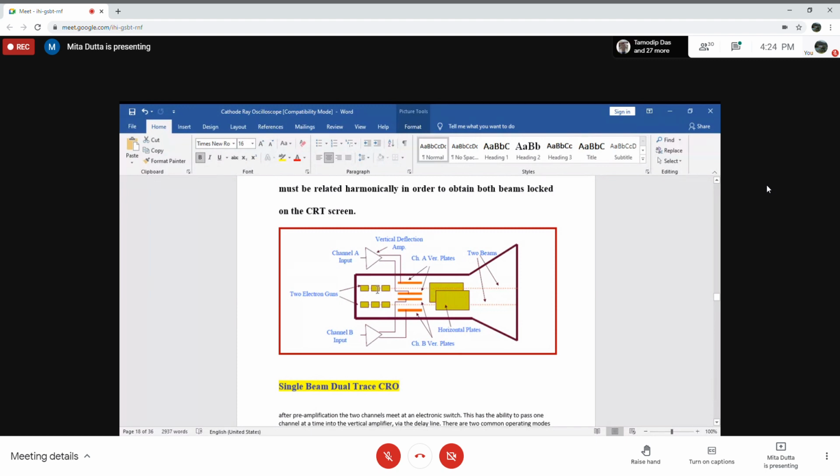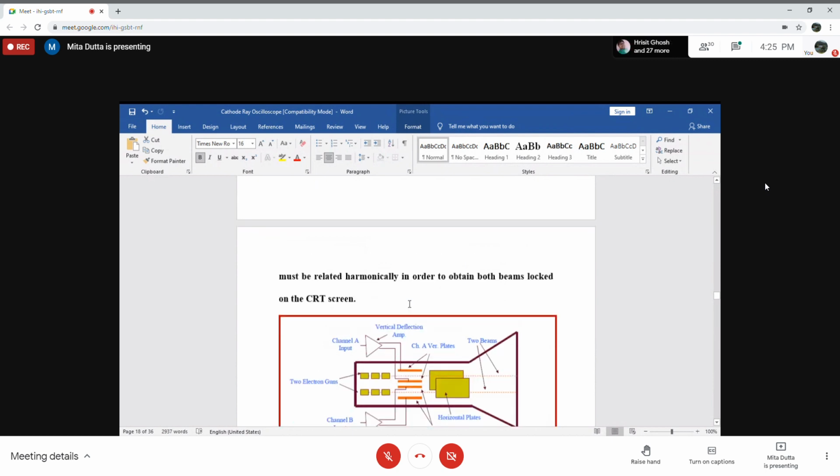Since here we have two electron guns and two sets of vertical deflecting plates, it will display two signals for a common time base. But this dual beam CRO we couldn't use widely because it is costlier, as we have to use two electron guns and two sets of vertical deflecting plates.